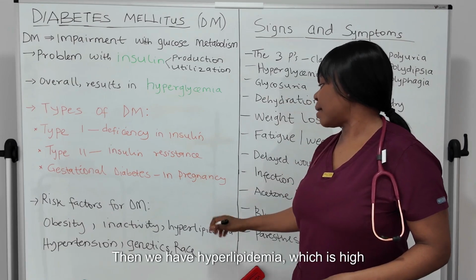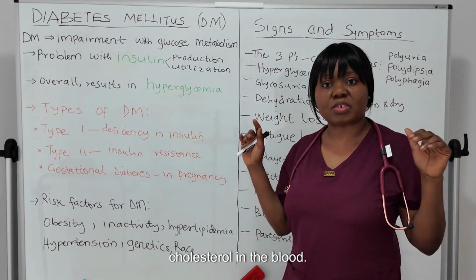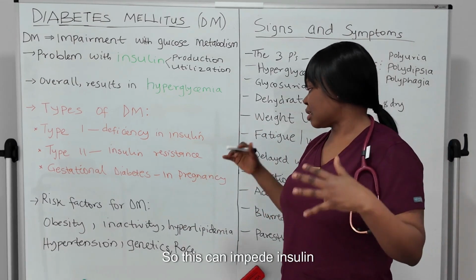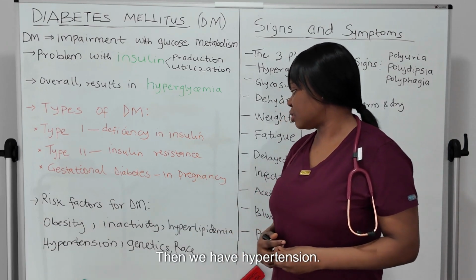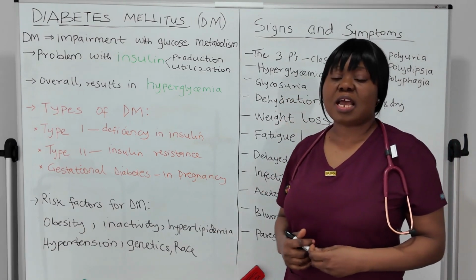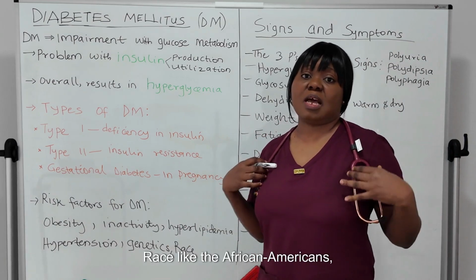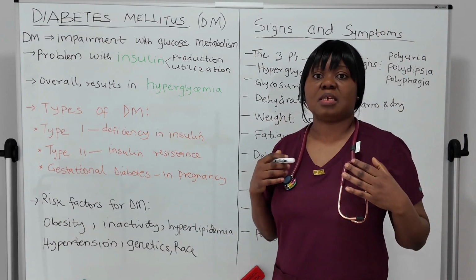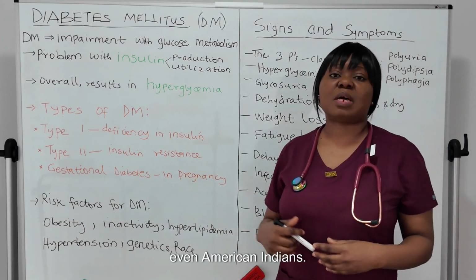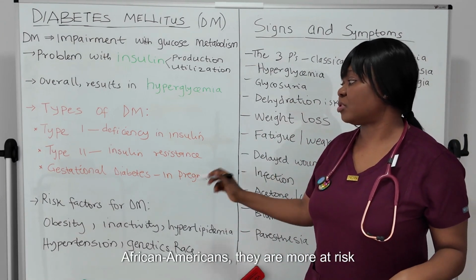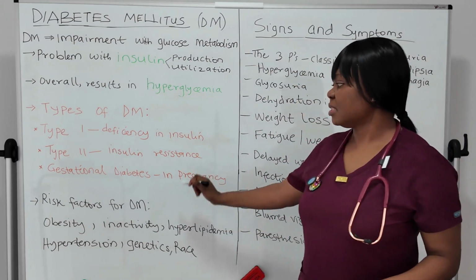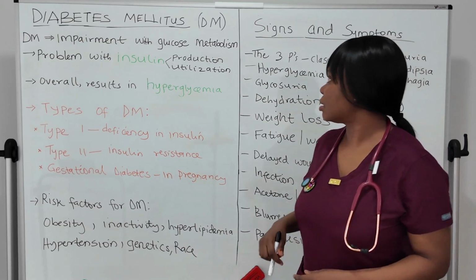Then we have hyperlipidemia, which is high cholesterol in the blood. So this can impede insulin function. Then we have hypertension. It can be genetics and even race, like African Americans, Hispanic people, even American Indians. So they are more at risk, especially African Americans, of developing diabetes mellitus.